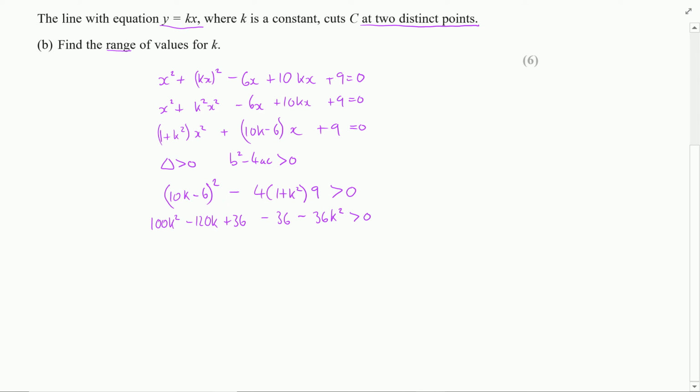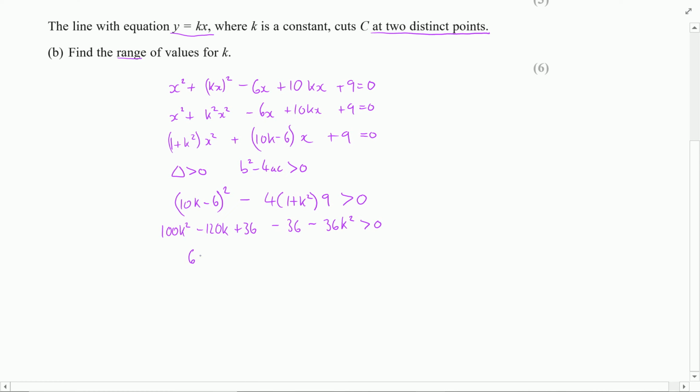Tidying this up, the 36's cancel. 36 from 100k squared is going to leave me with 64. So I've got here 64k squared minus 120k being greater than 0.